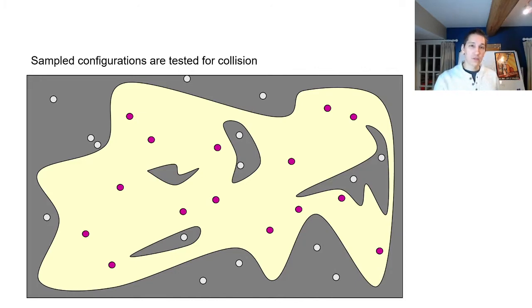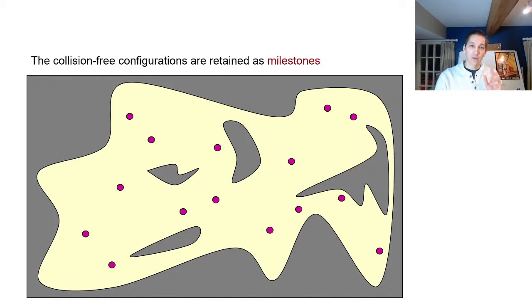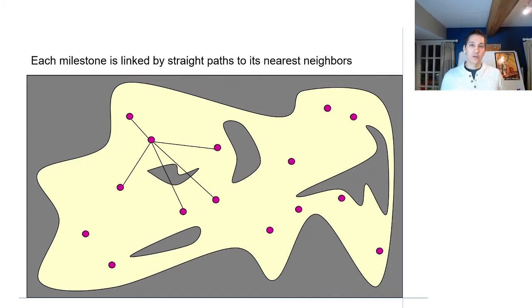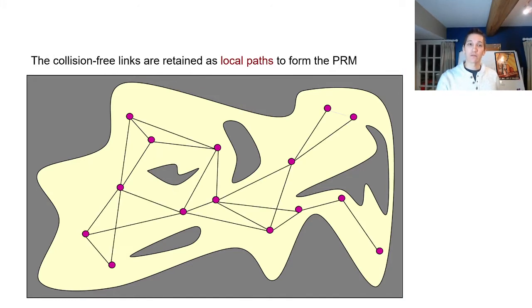We throw out the ones that are in collision, and we retain these points as milestones. For each of the milestones, we'll check its neighbors, and we'll check the straight line paths in configuration space between each of the neighbors in this set of milestones. And we'll throw out the ones that are in collision, and we'll retain the ones that are collision-free as what are known as local paths to form the PRM.